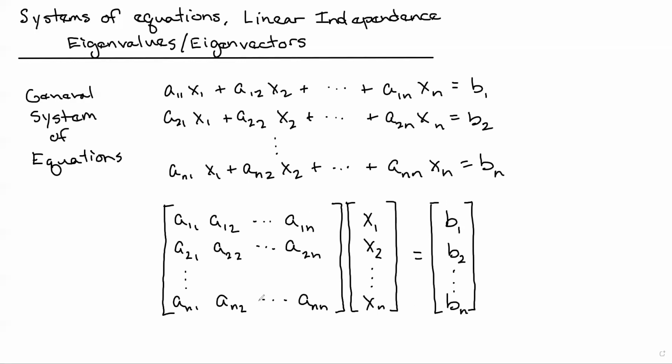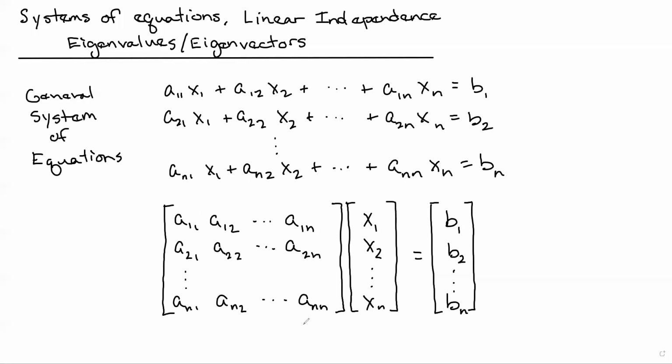Okay, and if you go through and multiply this out, it should get you back up to above, right? So you could take this vector here, multiply it through by the matrix, and if you do, you take x1 times a11, that gives you a11 x1, x2 times a12, that's going to be a12 x2, and then dot dot dot, and then a1n times xn is going to be that guy.